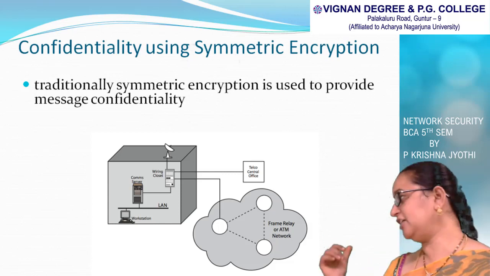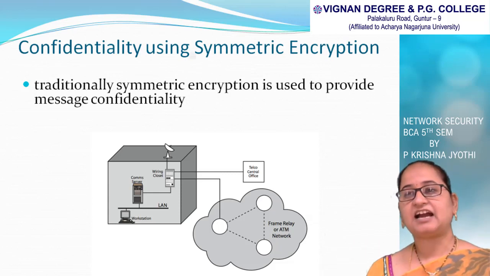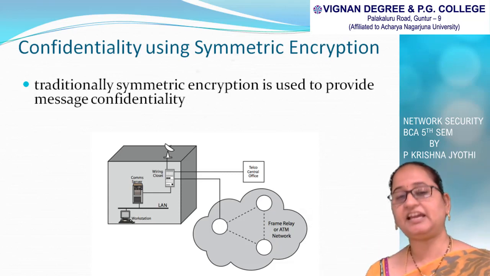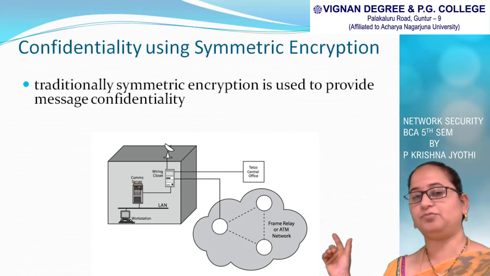From the diagram we identify two places: one is the LAN, the first place of vulnerability, and the second one is the communication server, which is itself a place of vulnerability.